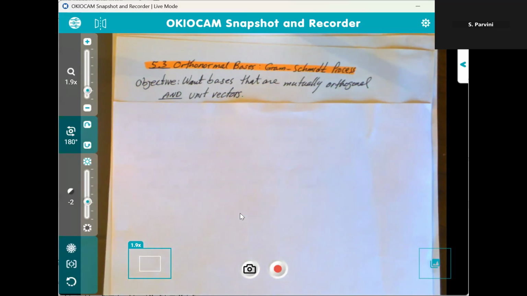Now, real quick about the name Gram and Schmidt. Gram and Schmidt were two mathematicians. Gram, if I recall correctly, was a Danish mathematician, and in his doctoral dissertation the contributions to what we're about to study were formulated.